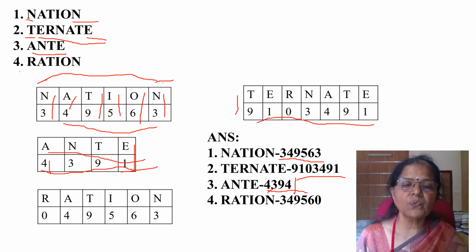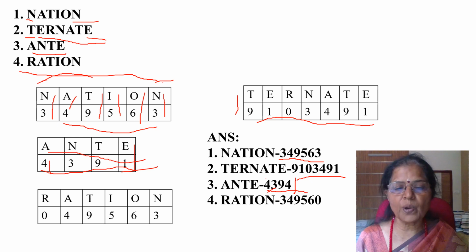And the fourth word is ration, R-A-T-I-O-N. Write the letters R-A-T-I-O-N. Copy the code numbers from the table given in the question. So these are the code numbers given in the table, 049563. And see whether the first condition, both are consonant. Yes, R and N are both consonant.